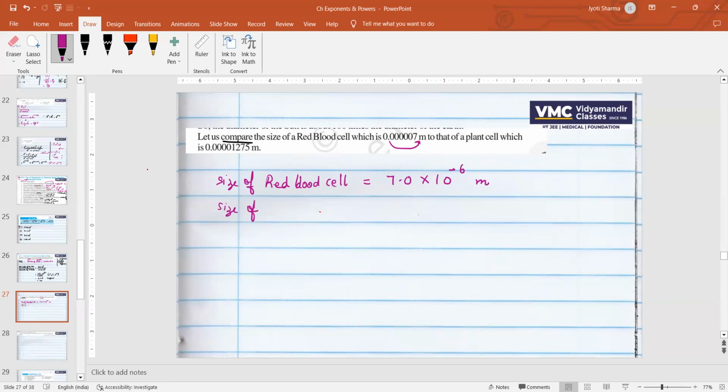Size of plant cell is 1.275 into 10 to the power, goes here 1, 2, 3, 4, 5, minus 5. So I can write it in the ratio form.